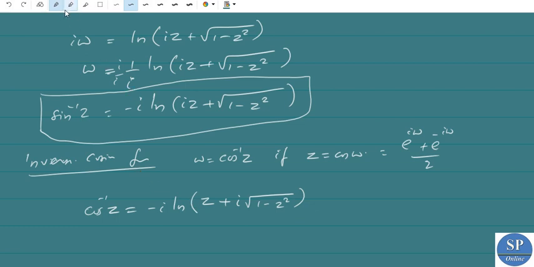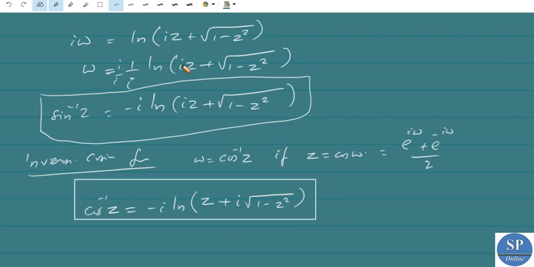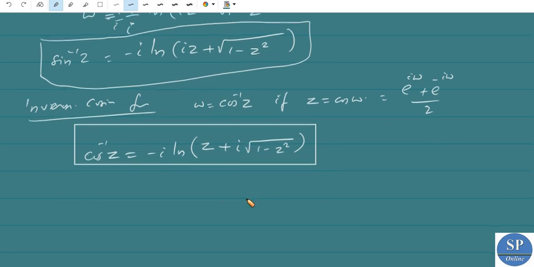So you just verify this. So cos inverse of z is equal to minus i ln of z plus i into the square root of 1 minus z square.